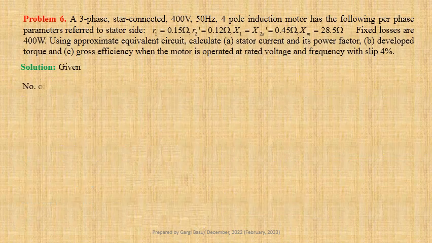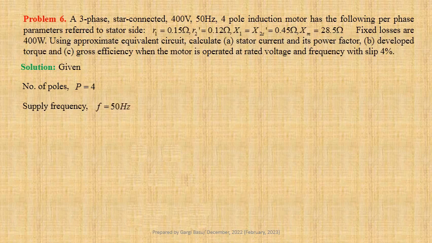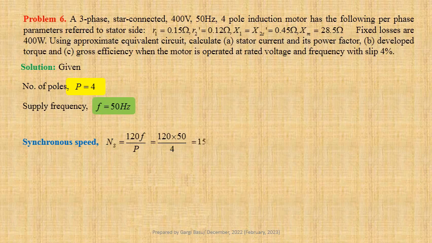Given number of poles of the machine P equals 4 and supply frequency F equals 50 Hz. Let us now calculate synchronous speed. Ns equals 120 F by P. Using values, we get 120 into 50 divided by 4, that is equal to 1500 revolutions per minute.